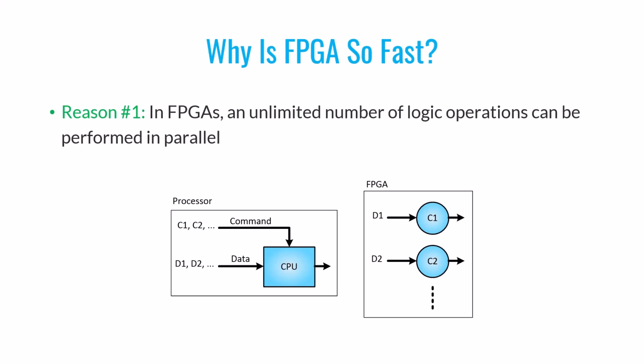So we have one hardware module for instruction C1 and another for C2. Now we can feed data D1 and D2 into these hardware modules simultaneously and perform both operations at the same time. This means we are performing tasks much faster than a CPU or traditional processor could ever dream of.